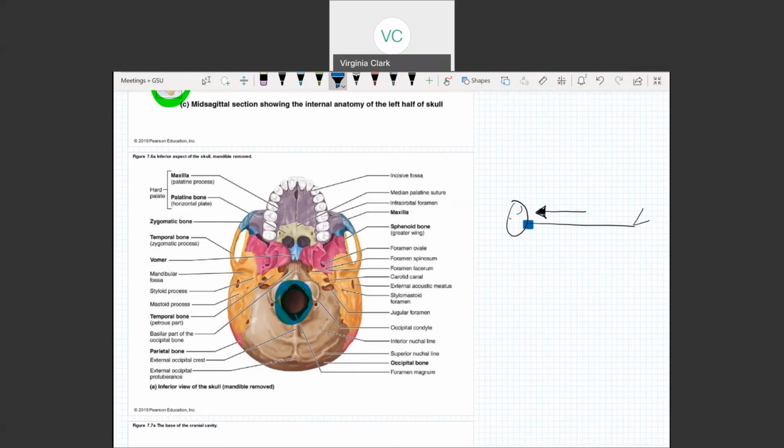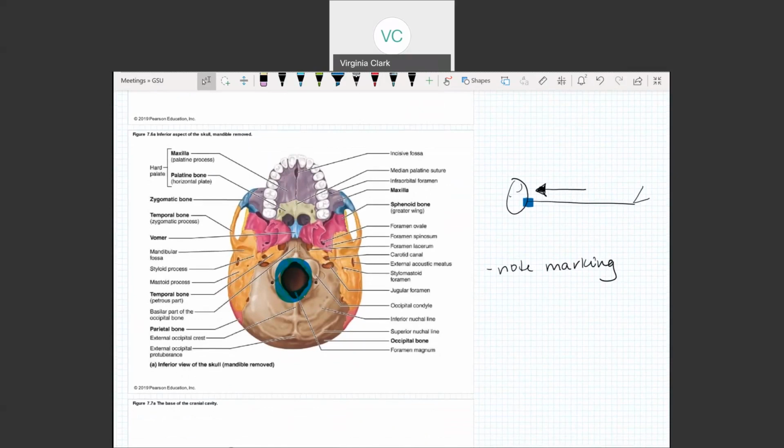What you also need to know is that when you're looking at the skull, you are going to need to note any of the markings. So as you're looking at the skull, some themes that you'll notice is if there is a thing called a process, there is going to be something that is sticking out. If you have a foramen, that is going to be a hole.